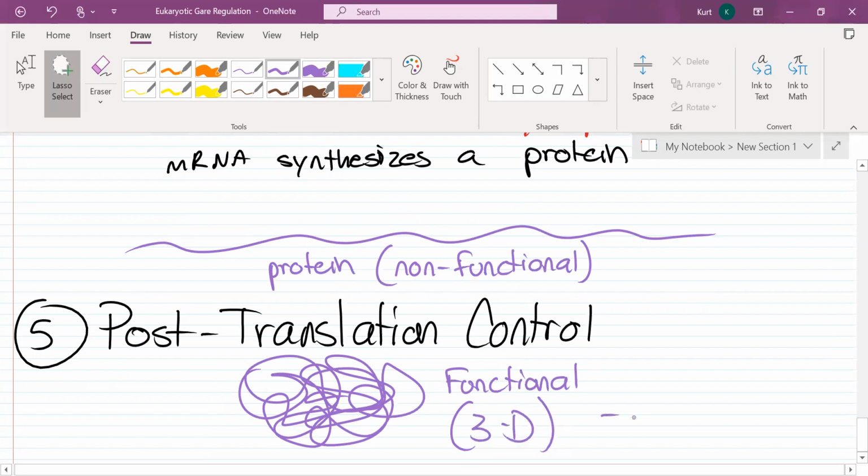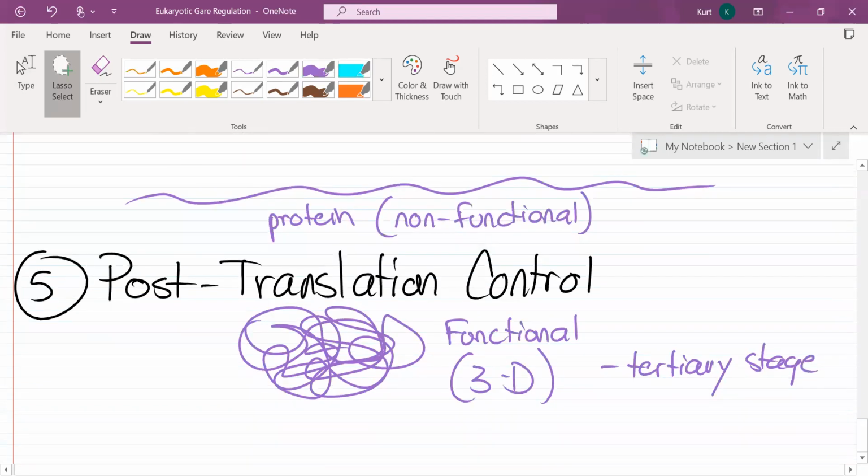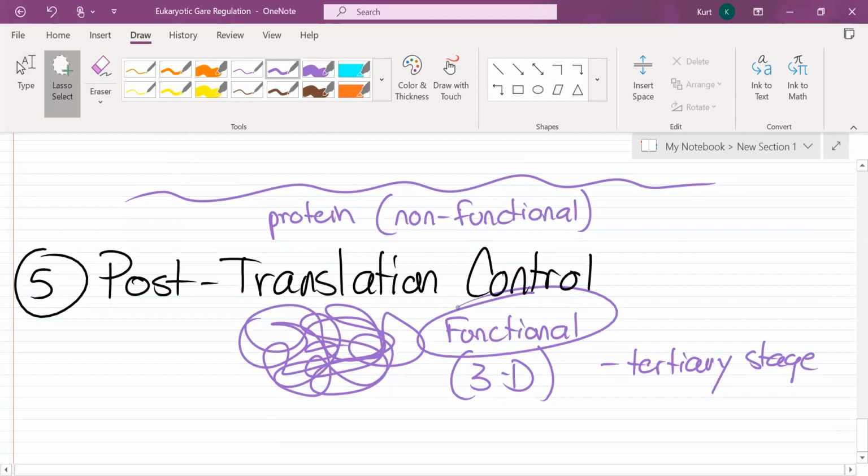This is known as the tertiary stage, which is a Unit 1 concept. And it is now capable of doing whatever it is this protein is supposed to do. Maybe it's to be hemoglobin or keratin in your hair or collagen in your skin, myosin or actin in your muscles. When it goes from being non-functional to functional, that is where it is finally complete.